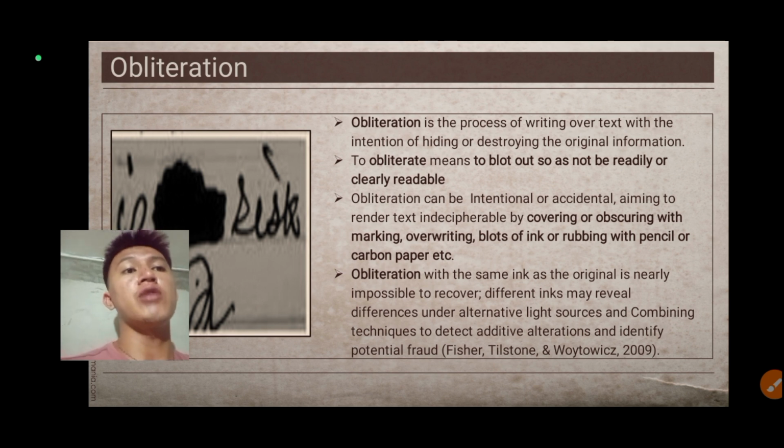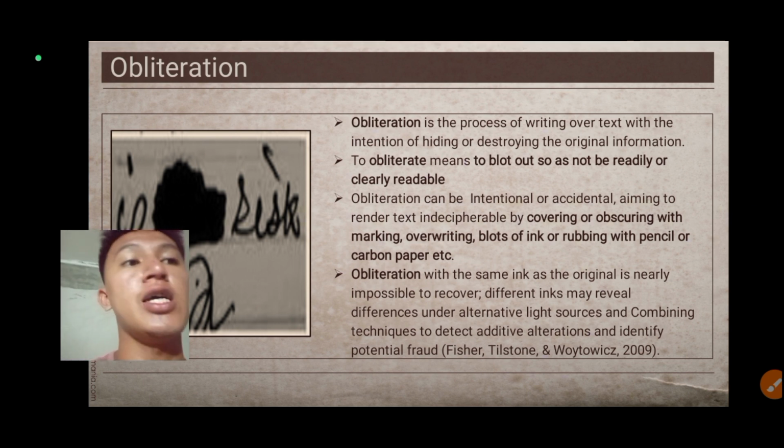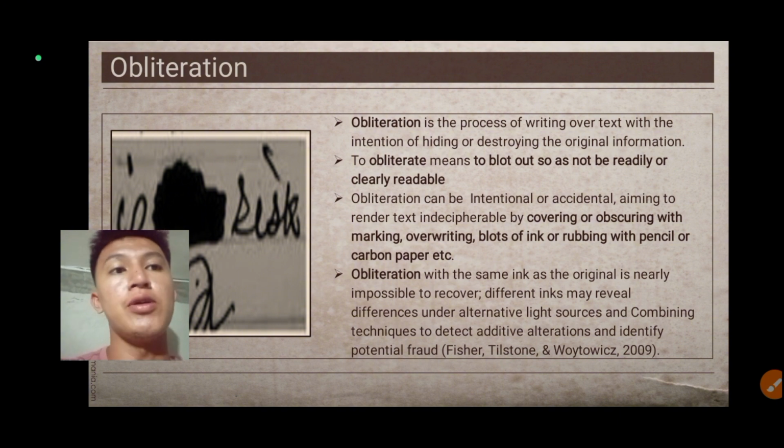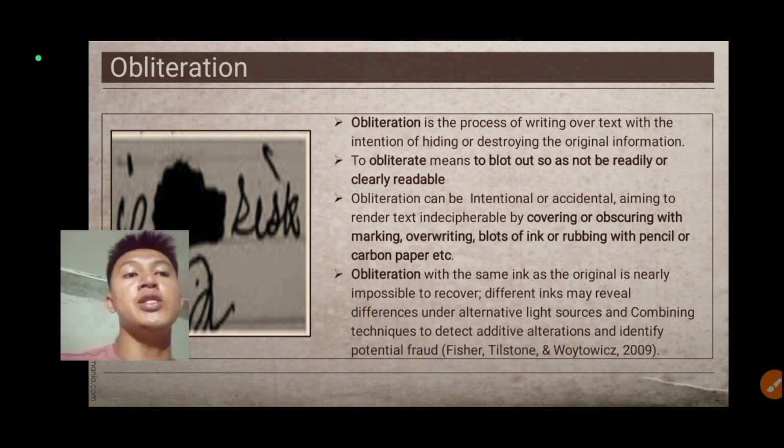Obliteration can be intentional or accidental, aiming to render text indecipherable by covering or obscuring with marking, overwriting, blots of ink, or rubbing with pencil or carbon paper, etc. Obliteration with the same ink as the original is nearly impossible to recover. Different inks may reveal differences under alternative light sources, combining techniques to detect additive alteration and identify potential fraud, by Pressure, Telston, and Wojtowicz 2009.